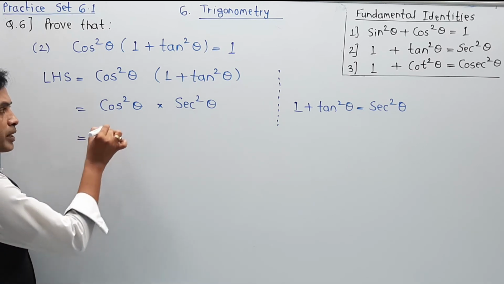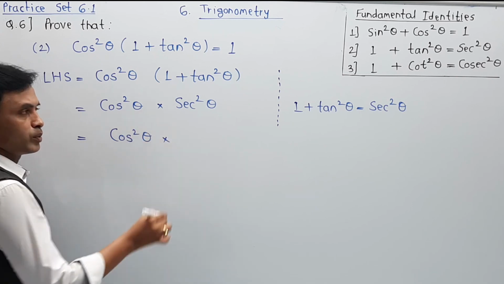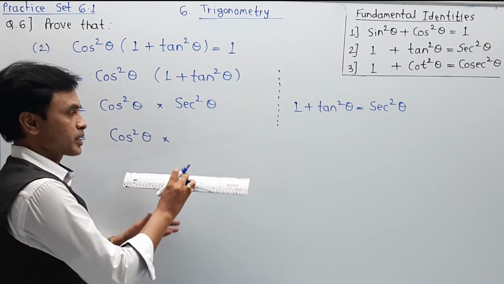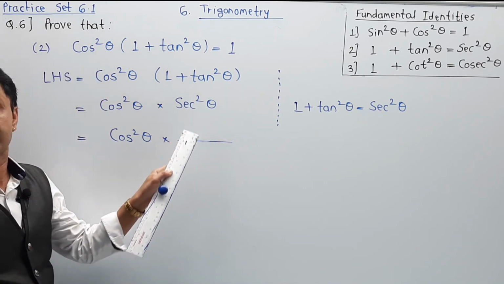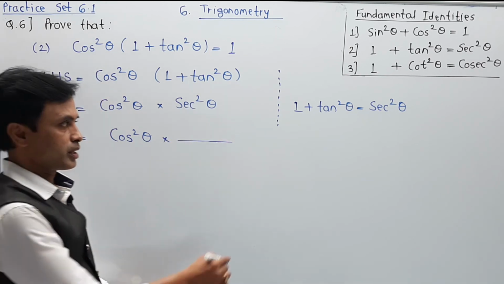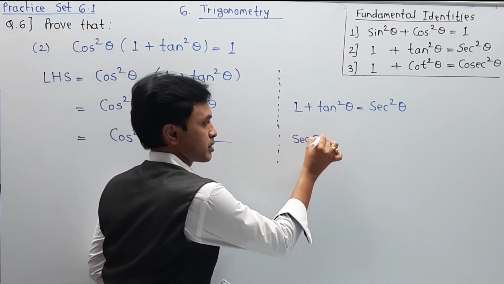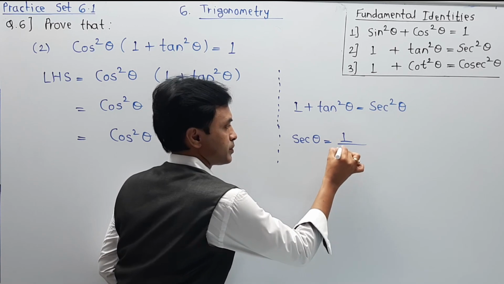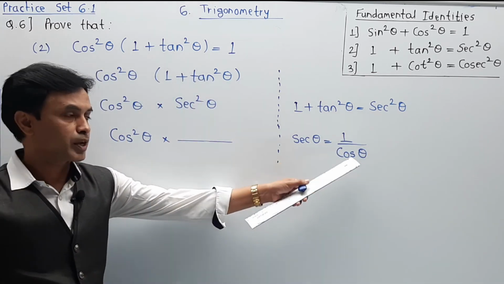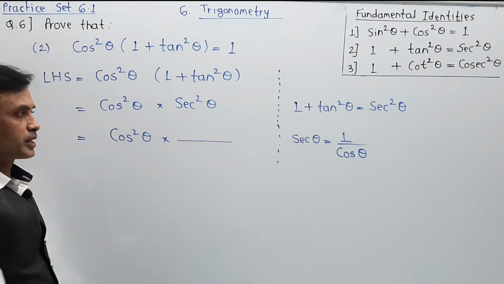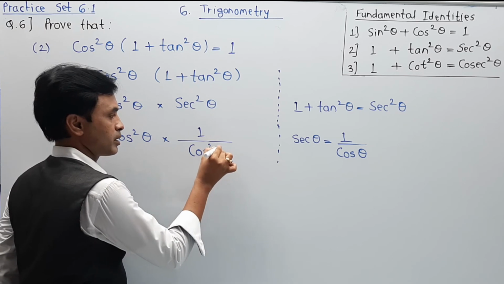So I am writing that part, keeping cos square theta as usual, into sec square theta, which I am going to write in reciprocal form. Sec theta can be written as 1 upon cos theta, so sec square theta can be written as 1 upon cos square theta.